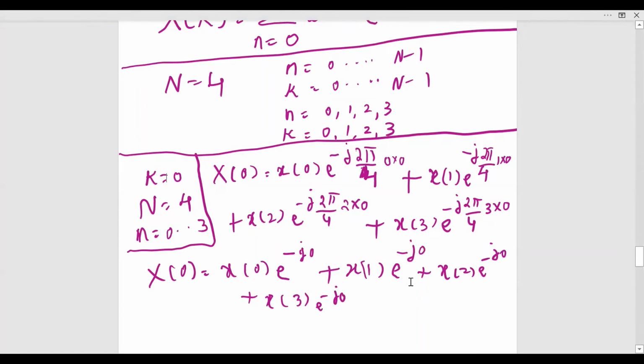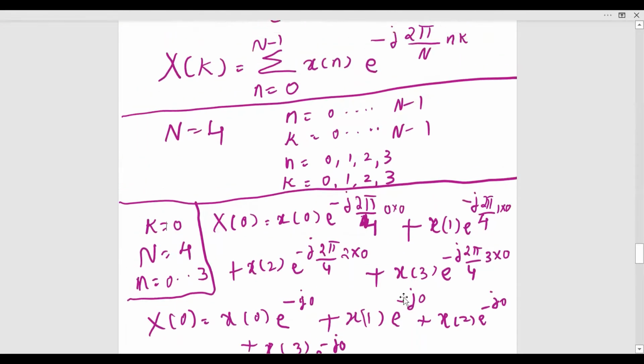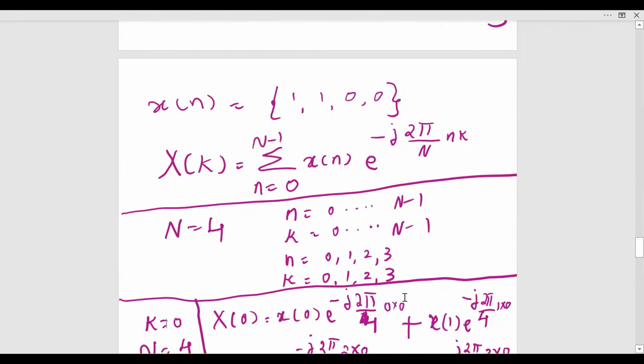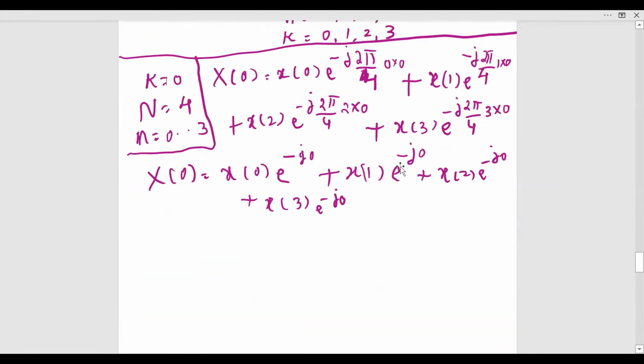Now what is x of 0, x of 1, x of 2 and x of 3? That is the sequence, right? The sequence we have taken as x of n going from 0 to 3. So this will be the 0th element, this is x of 1, x of 2, x of 3. So we'll substitute. X of 0 is 1, x of 1 is also 1, x of 2 is 0, x of 3 is 0.